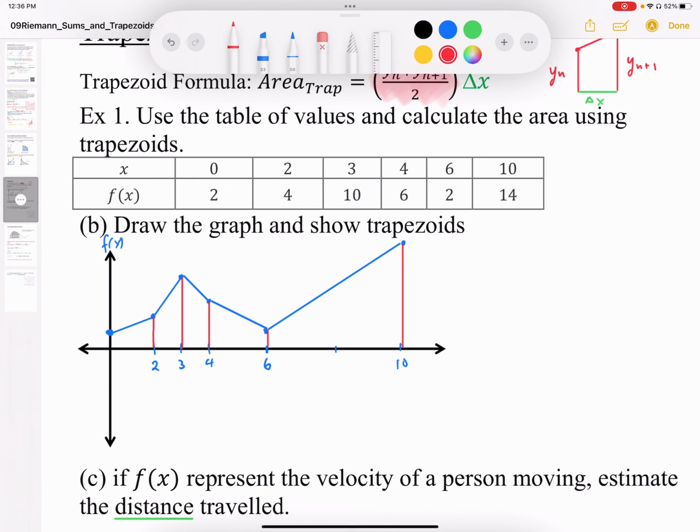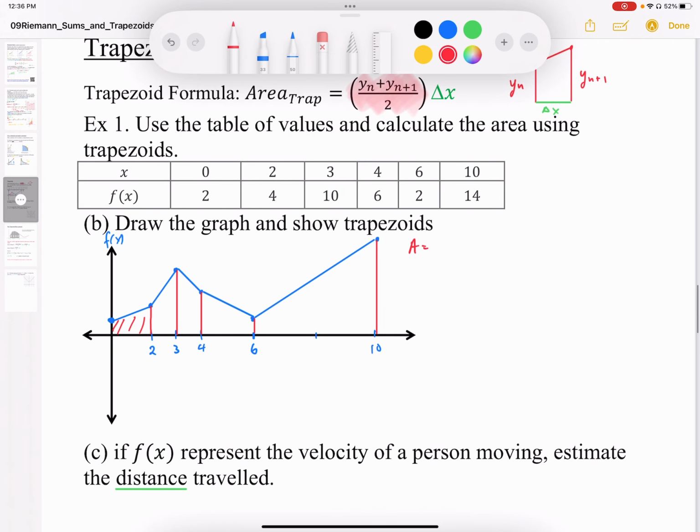So the area, this first area, we're going to take the first two heights. So the area is equal to the first two heights, 2 plus 4, divided by 2. And then we're going to multiply it by the interval width.